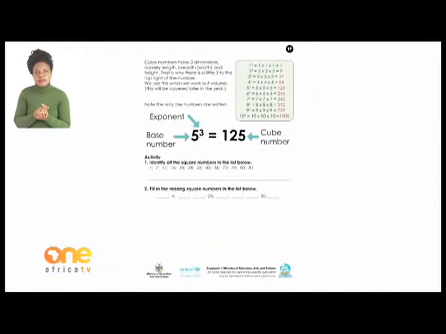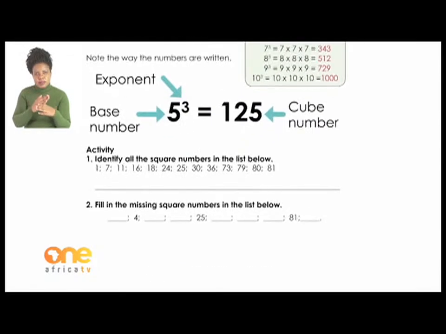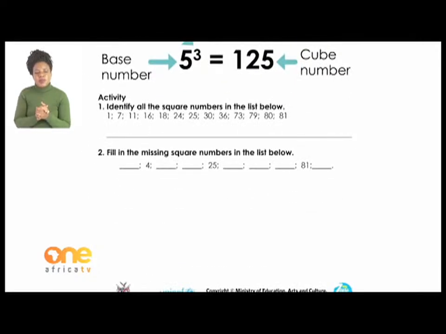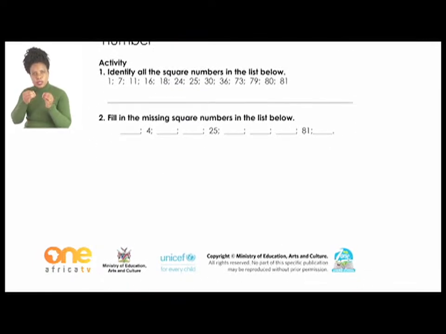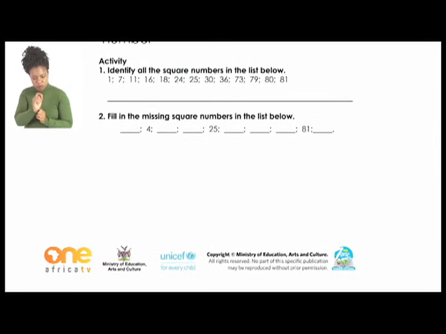The first question under our activity is to identify all the square numbers in the list below. There are numbers there: 1, 7, 11, 16, 18, 24, 25, 30, 36, 73, 79, 80, and 81.